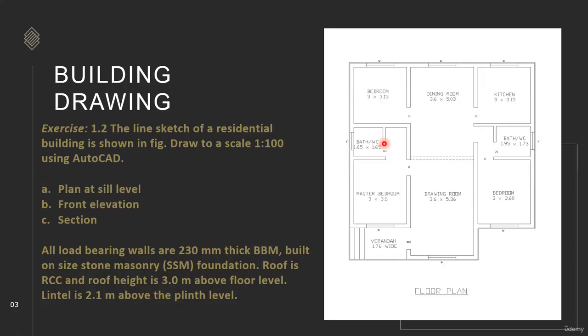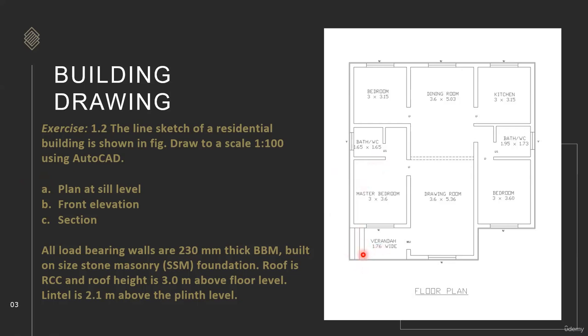And to save the area of the room, in those cases also we are using the partition walls. So we are considering in this example the main wall as 230 mm and the partition wall as 150 mm. Just keep in your mind the main wall as 230 mm and the partition wall as 150 mm.